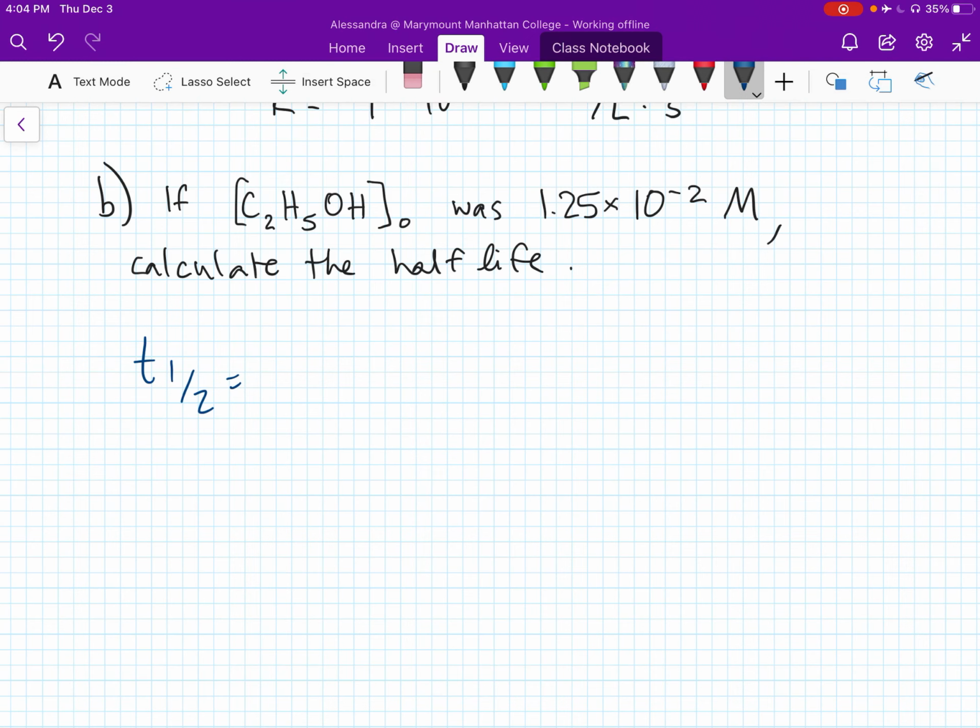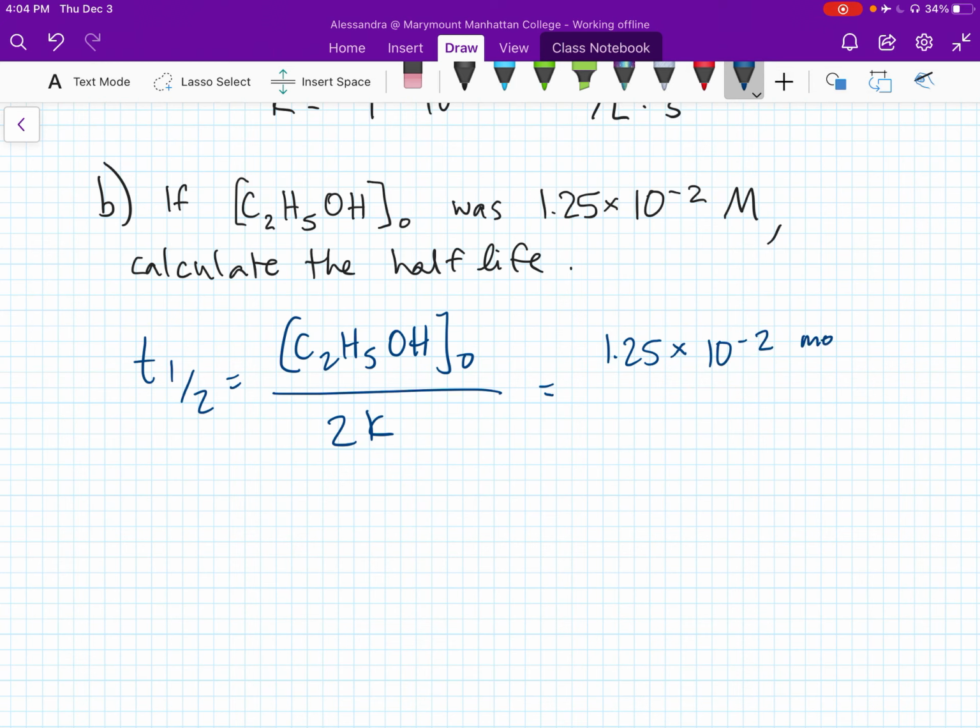t1/2 equals the initial concentration of ethanol over 2K. My initial concentration is given in the problem, 1.25 times 10 to the minus 2 moles per liter. And I put it over 2 times K. The K value is 4 times 10 to the minus 5 mole per liter seconds.